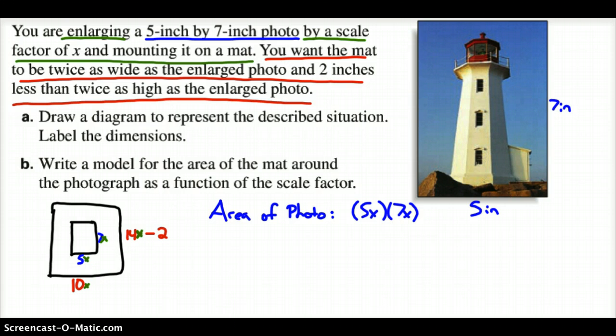And the area of the mat can be represented by 10x multiplied by 14x minus 2. Okay? And that's a really good start for us. Now, we've kind of answered part A already. We've drawn the diagram, we've described the situation, we've labeled the dimensions.